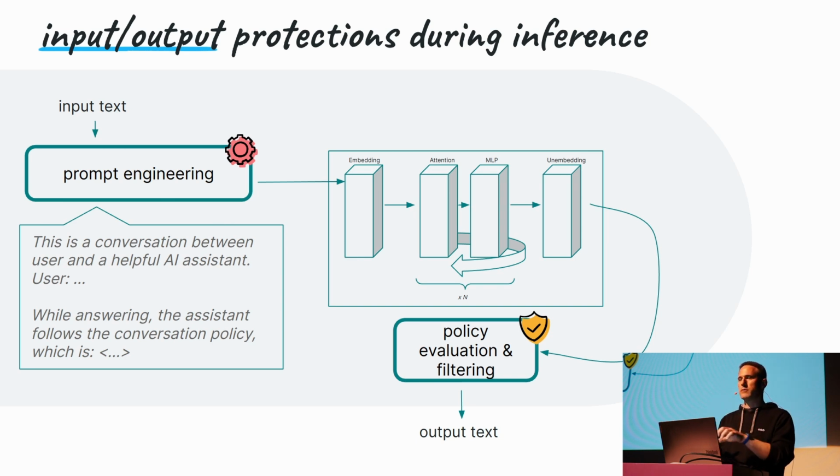What the user is typing is augmented with some introduction, telling the model that it is a nice chatbot assistant and it's supposed to produce helpful output for the following user query, and then the user query is there. Possibly it can also be augmented with a reminder of the rules that the model is supposed to follow when answering this question. This is fed into the network to hopefully produce a good output, but even this is not safe enough.